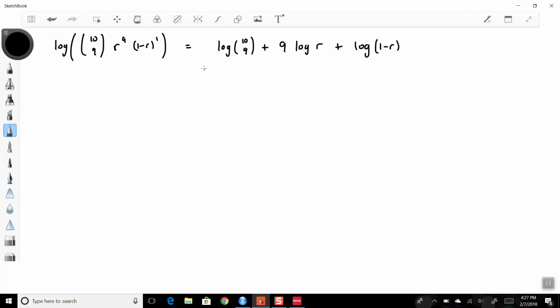Okay. And then I'll take the derivative of this with respect to r, and so this is a constant, so that just disappears. And here I would get 9 divided by r plus 1 divided by 1 minus r times negative 1, right?